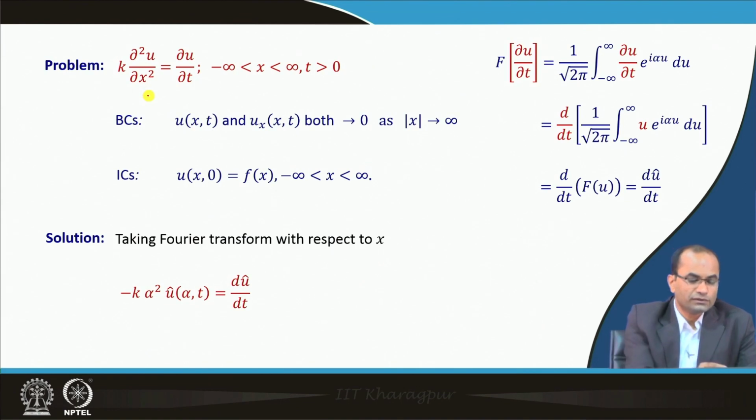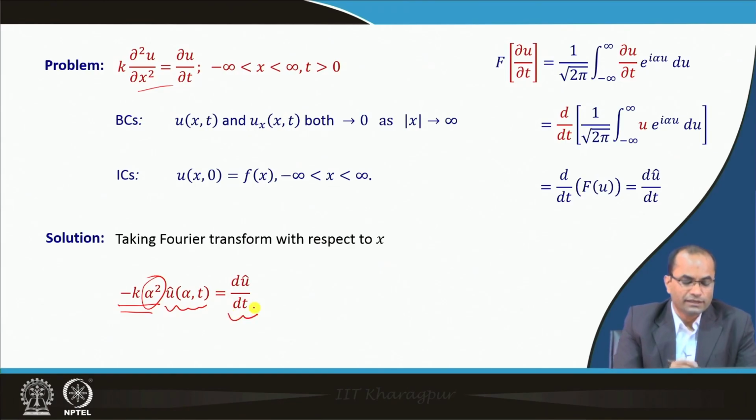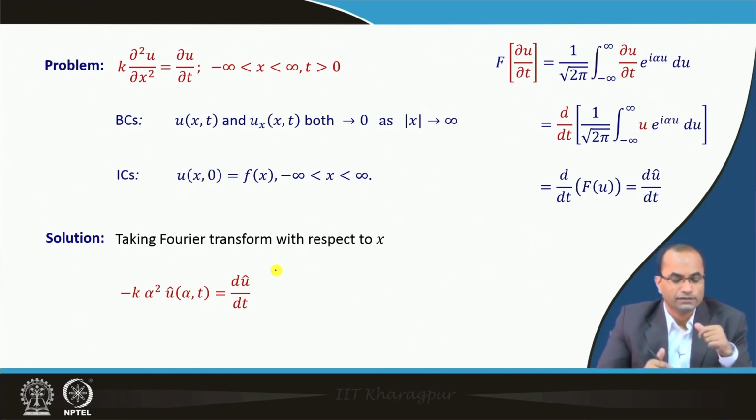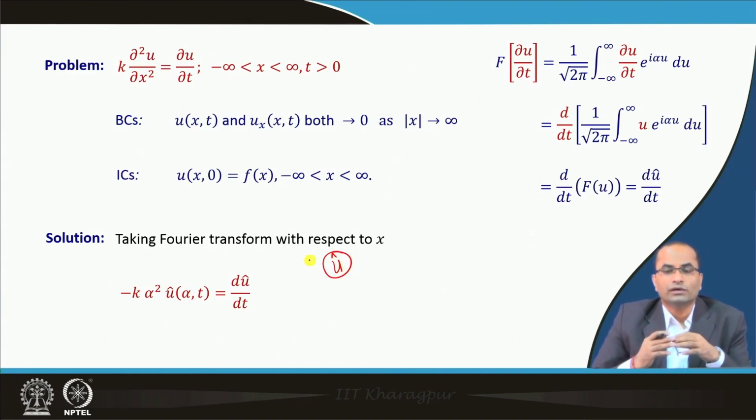Just to recall the formula, we had a factor of minus alpha square times the Fourier transform of u, and on the right hand side we have d over dt of u hat. So we applied the Fourier transform to this equation, and now we have the equation in the transformed variable u hat.